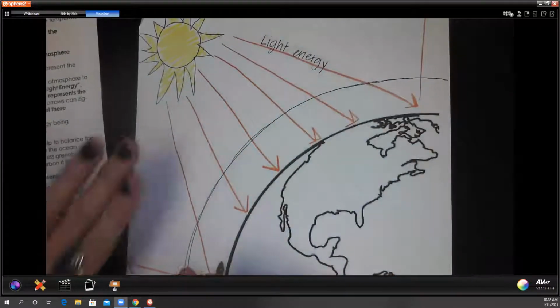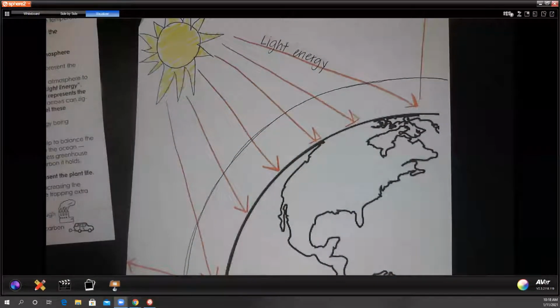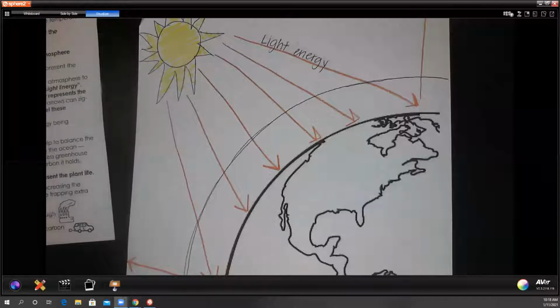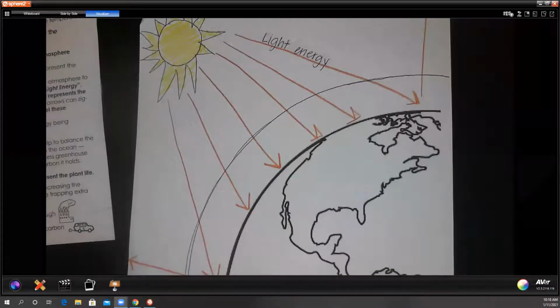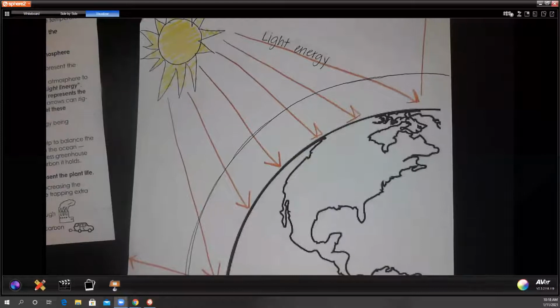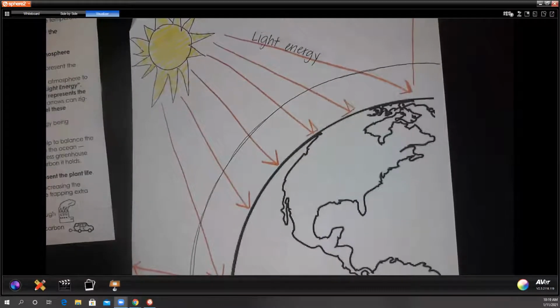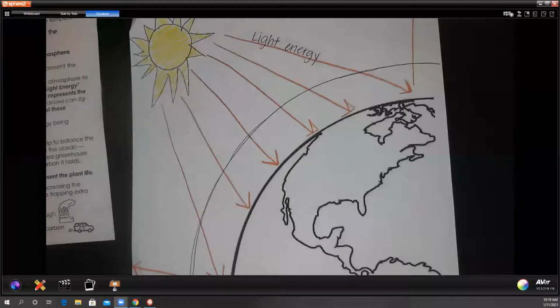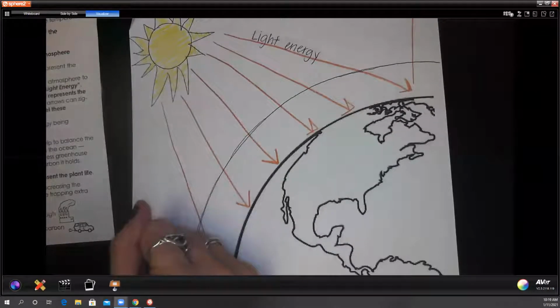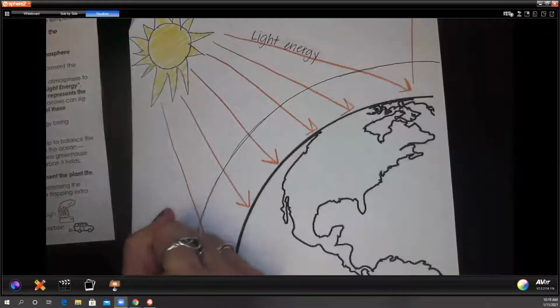And I'm going to label them. What does it say to label them? Where are you at, guys? What does it say to label them? Number 4. Reflected light energy. Good.